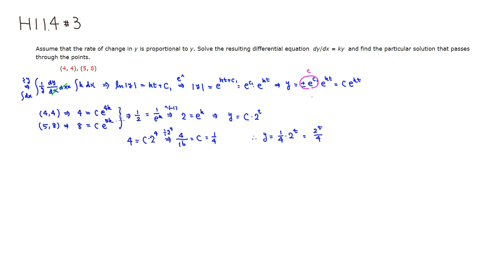Let's see, why did I put t here? Okay, I actually made a mistake from the beginning. I was using the wrong variable there. That should have been x, and this should have been x there, and this is x there, and this is x there.